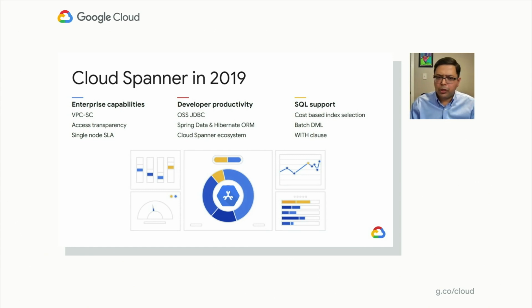On the developer productivity side, we continue to invest in ORMs. We have launched a new initiative, which is getting a lot of momentum, called the Cloud Spanner Ecosystem. The website is cloudspannerecosystem.dev. Because, as you noticed, we have a lot of momentum with Spanner, a number of our customers are contributing tools in the ecosystem for other Spanner users.